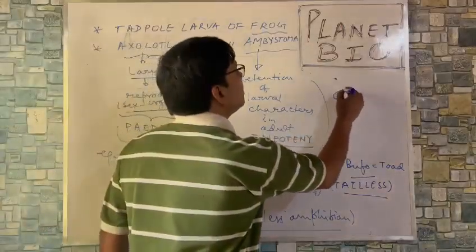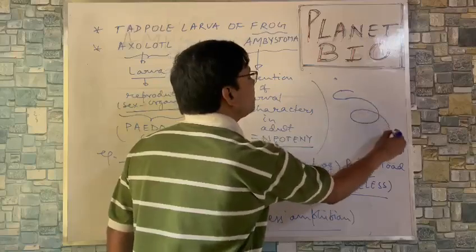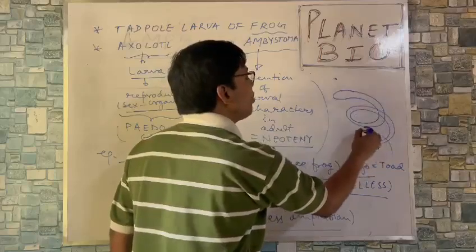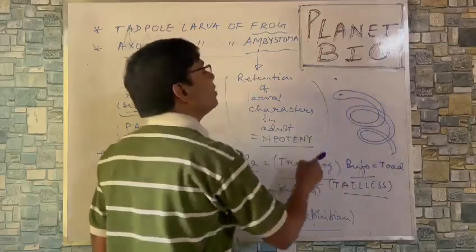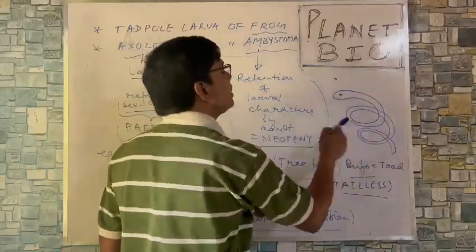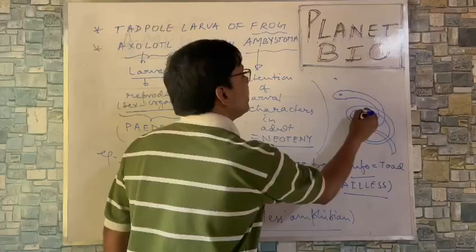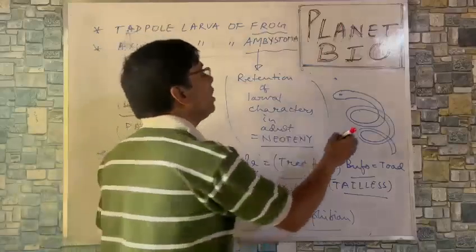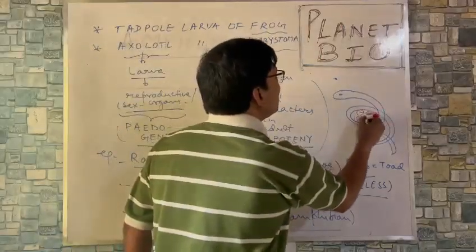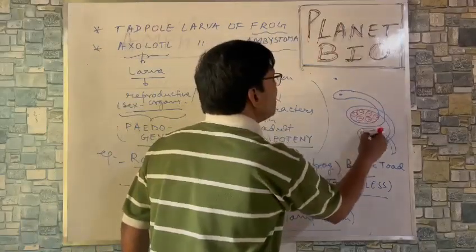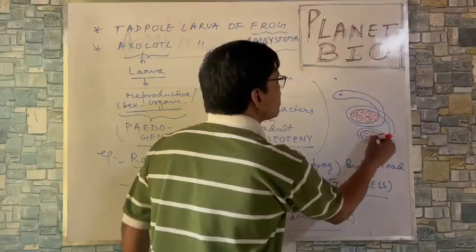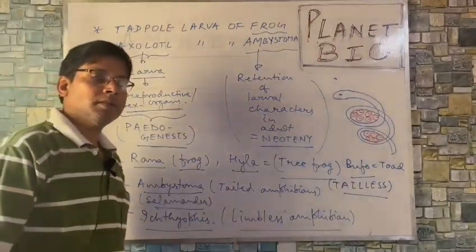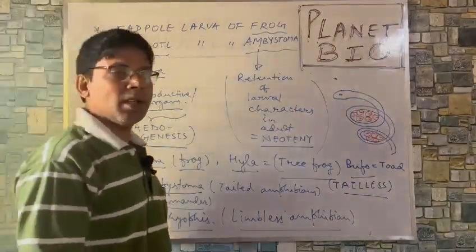You can see. The body is like this. They show coilings in this form. This is the anterior part, this is the tail part. But limbs are absent, and in between this body coil, they keep eggs. This shows parental care in amphibians. Although limbless, great parental care is seen here.